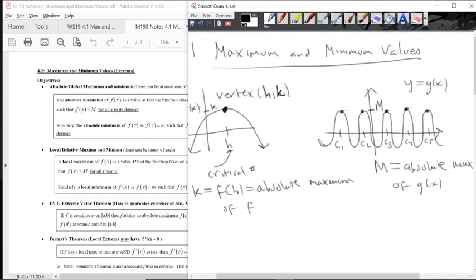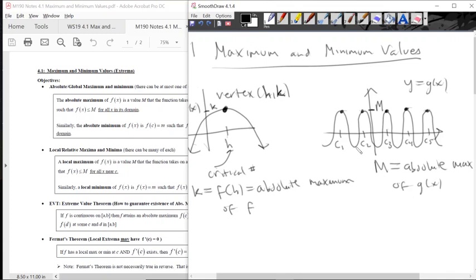Like if somewhere this were to continue up like this, then the y value there would become the absolute maximum, because it is now higher than any other y value we could have attained on the graph. But assuming that this pattern just continues, and that we never reach a y value higher than this, then we have found the absolute maximum, and that would be M.